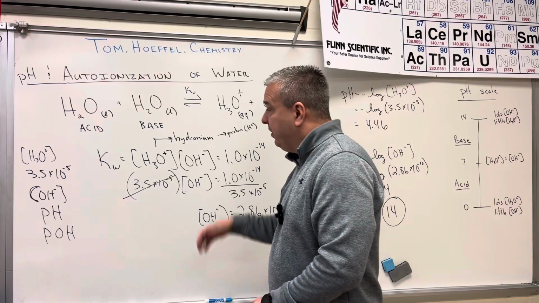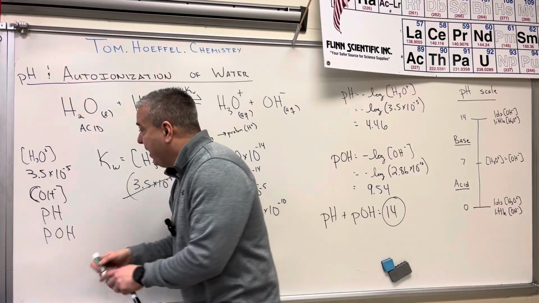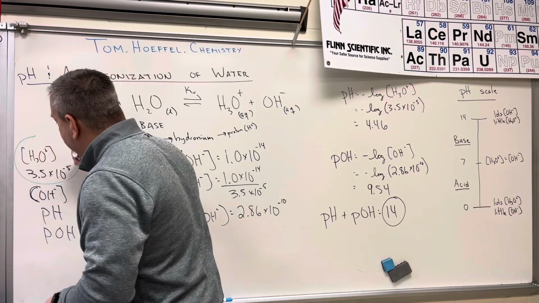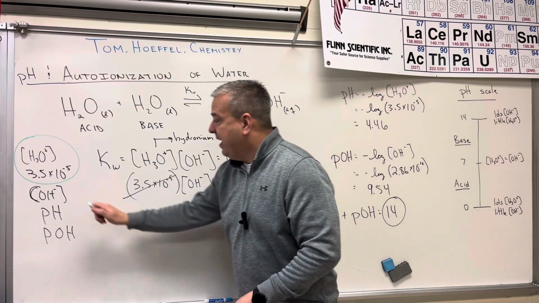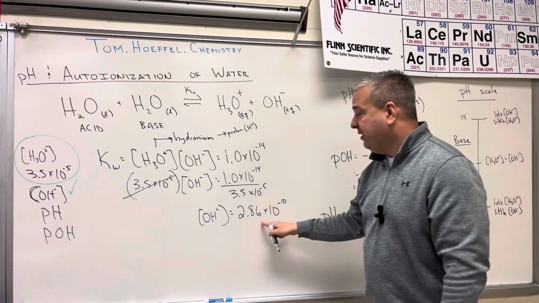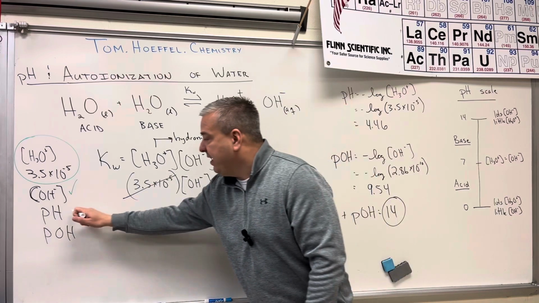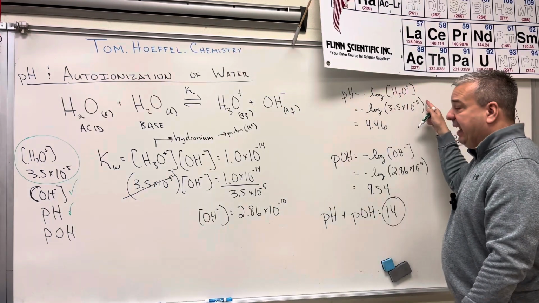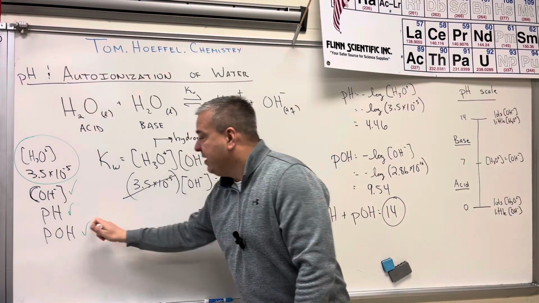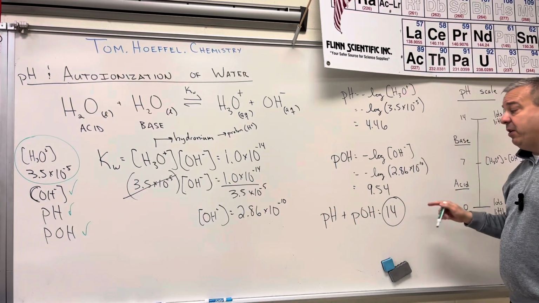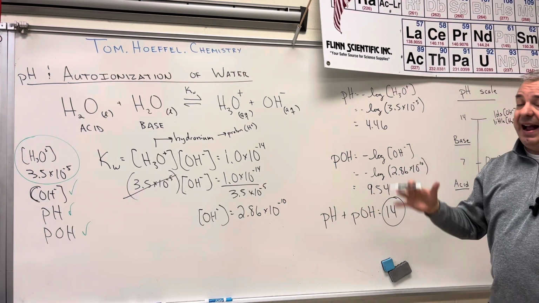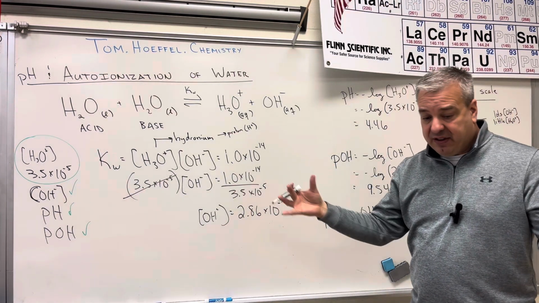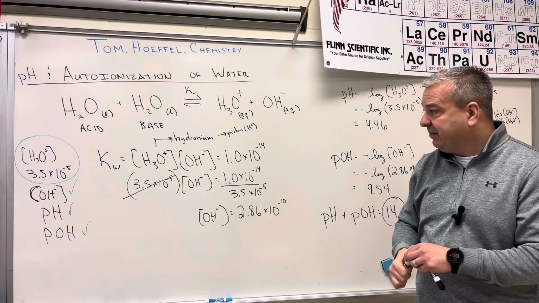So in this problem, what I was given was the hydronium, and then I found the hydroxide, and then I found the pH, and then I used that to find the pOH, and then I used this equation as a check to make sure that I've done everything correctly.